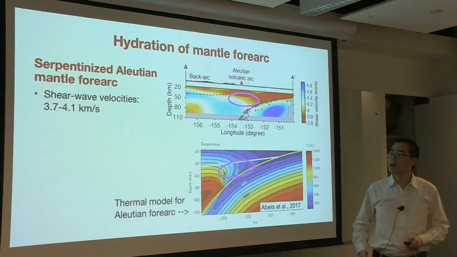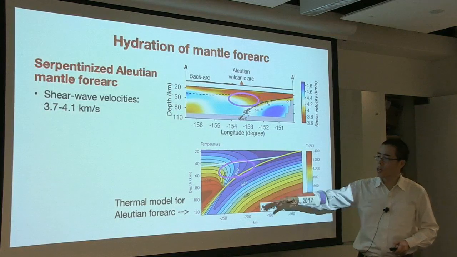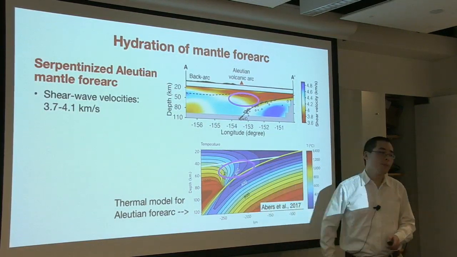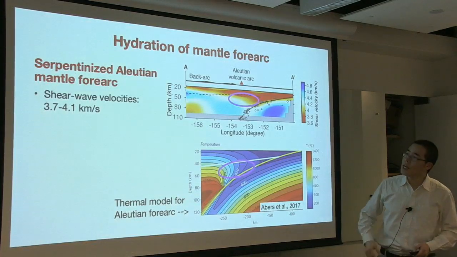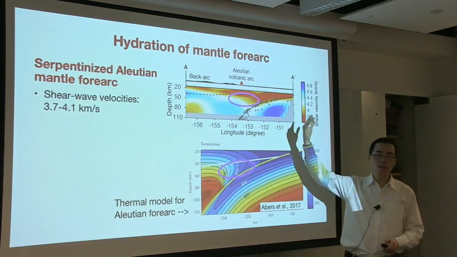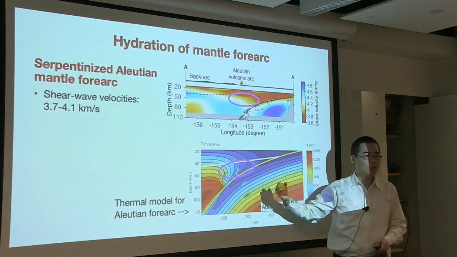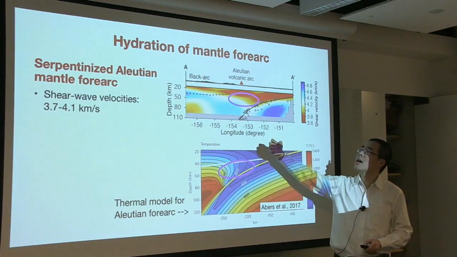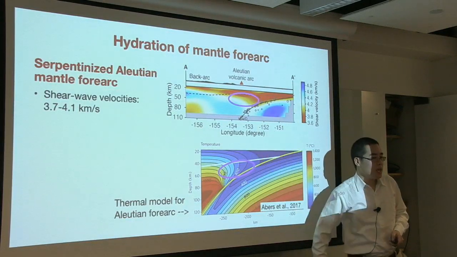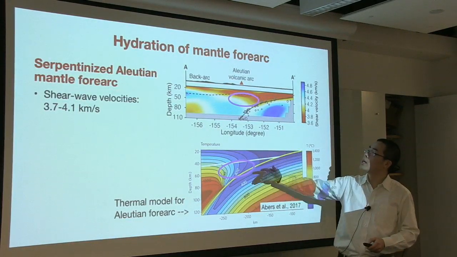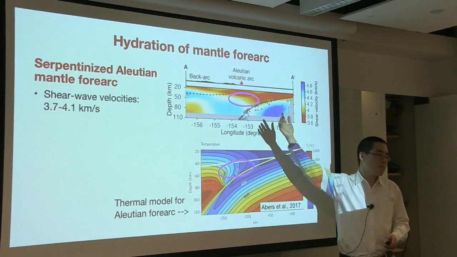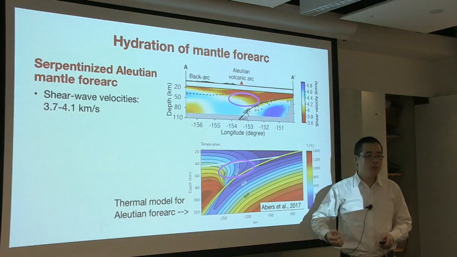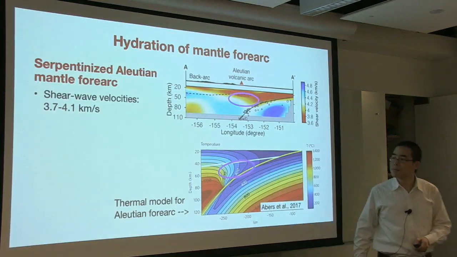From thermal modeling, the temperature here is much lower than further away from the mantle forearc. Again, we have low velocity and cold temperature, and that means we need water ready to get serpentine to have a low velocity here. If there's no water here, the low velocity could be melt or other high temperature, but this is not the case.